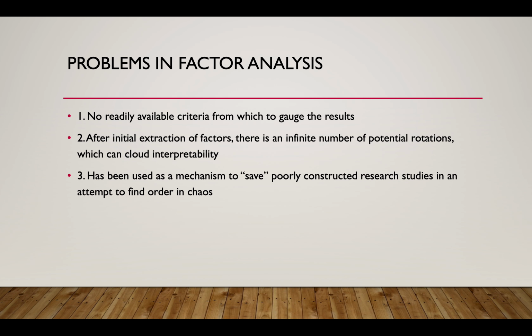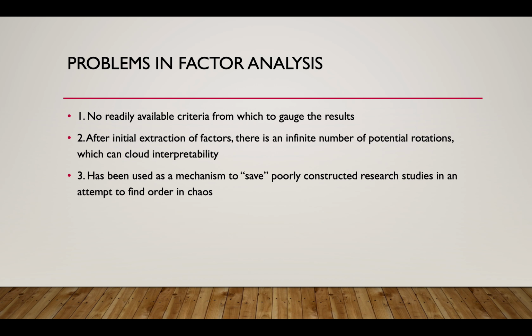The next big problem is that after extraction, there is really an infinite number of different types of ways to rotate the data to find certain types of factors, and they all account for the same amount of variance in the original data, but with slightly different assessments of interpretability and basic kind of utility for the study or for science.